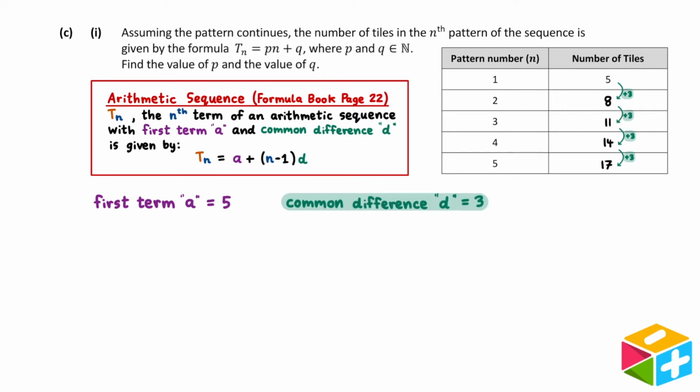The common difference refers to the number which is added to get from one term to the next. Here, our common difference is 3. Now, let's sub into our formula for Tn.